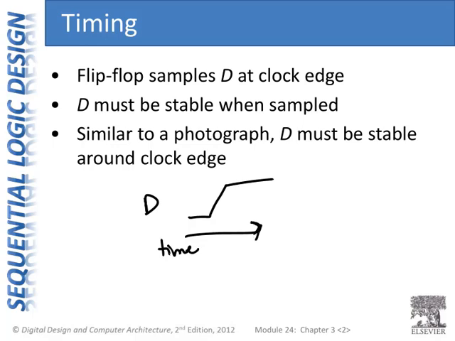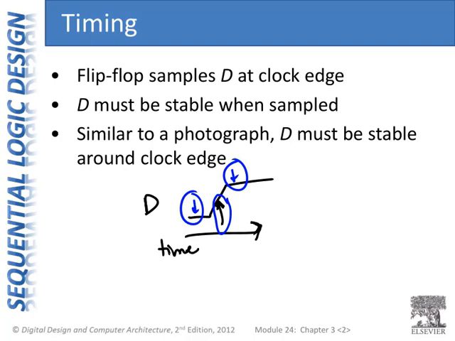If we're trying to sample D and it's transitioning, instead of getting 1 or 0, we sample some intermediate value. And like we talked about with static discipline, that may not be a valid 1 or 0. It may be in that forbidden zone.